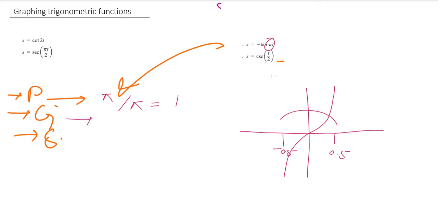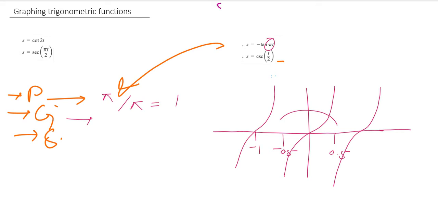Let's draw another point, and over here again we have to make the distance equal to 1, and over here we still need to make the distance equal to 1.